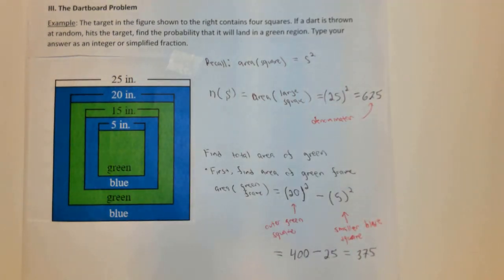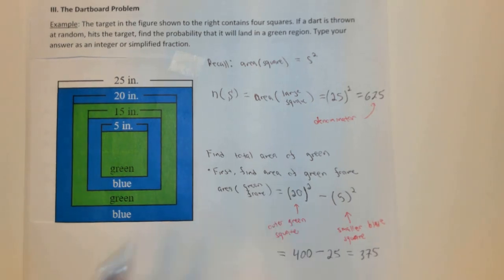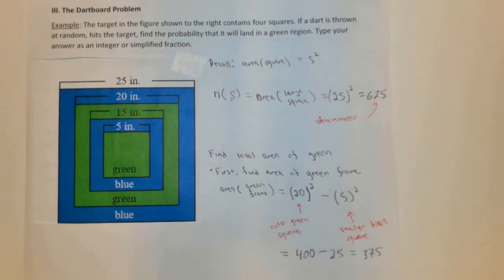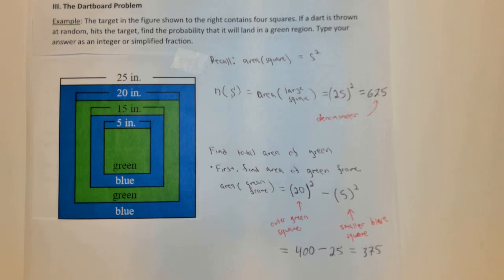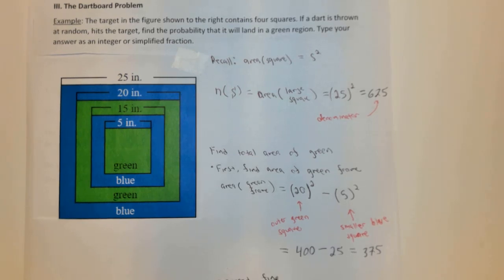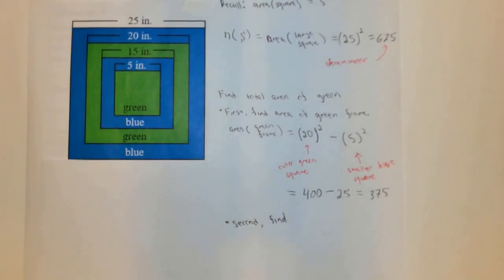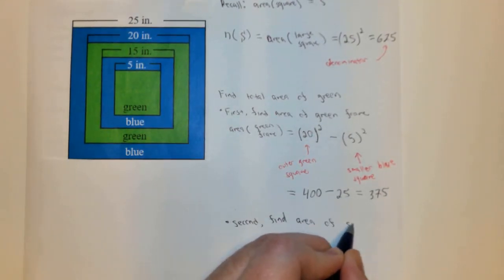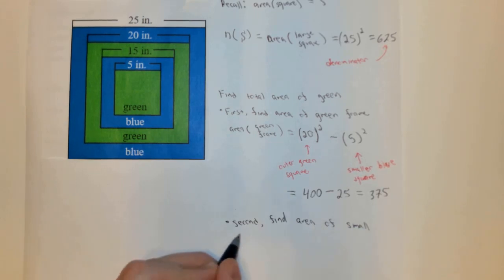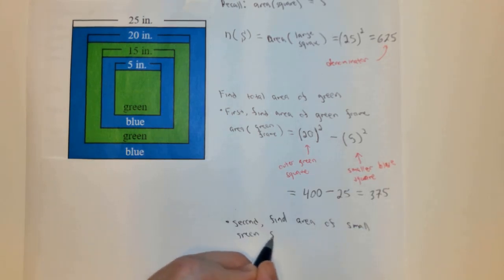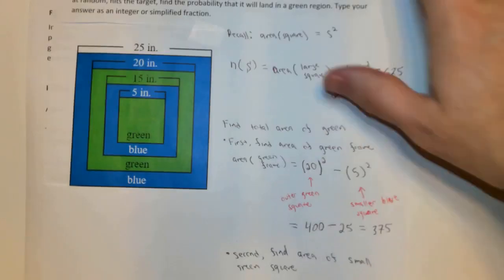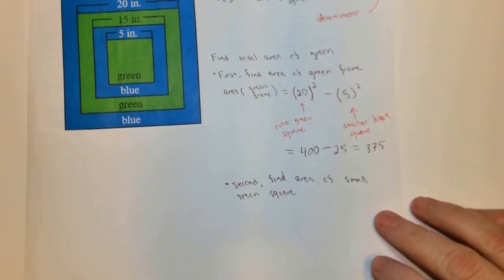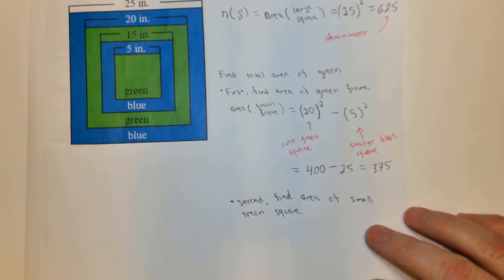All right. The total green area is going to be the green frame we just found, and now I also have to find the area of the small green square. So I'm going to get to a bit of a shortcut on this one in just a little bit, so just bear with me.